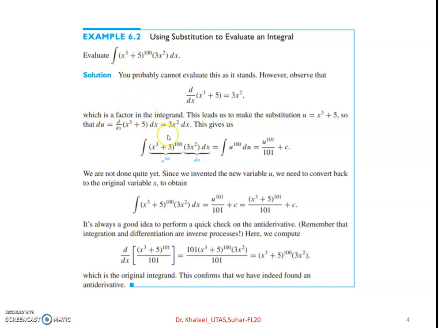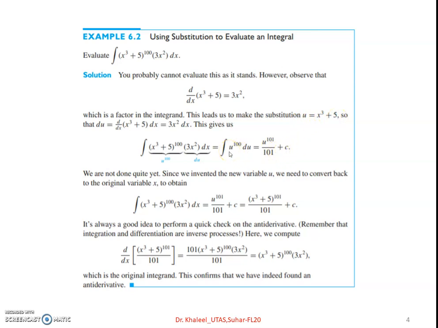Then the given integral becomes u to the power 100 du. This was h of x, which I converted into f of u. The integral of h of x dx becomes the integral of f of u du. This was difficult to integrate, but it is integrable because of this substitution. That's why it is called the method of substitution.